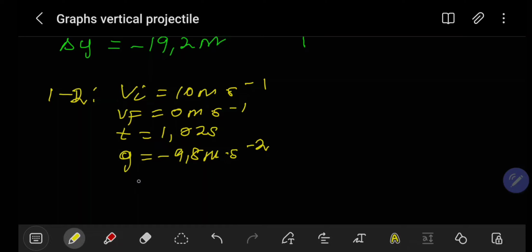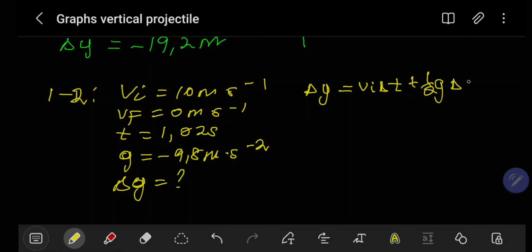Remember, we are looking for the displacement, or you can write change in y or change in x. It's okay. Then we can choose a formula. I choose to go with this one: change in y is equals to v initial times change in time plus half the gravity multiplied by time squared.